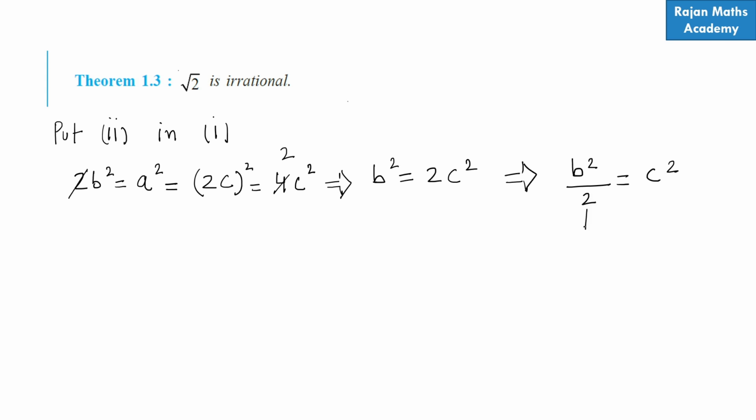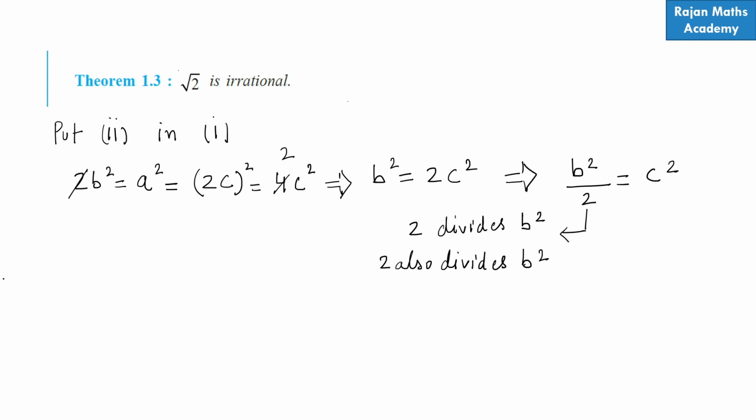As c is an integer, it means 2 divides b square. So from Theorem 1.2 we can also say 2 also divides b.